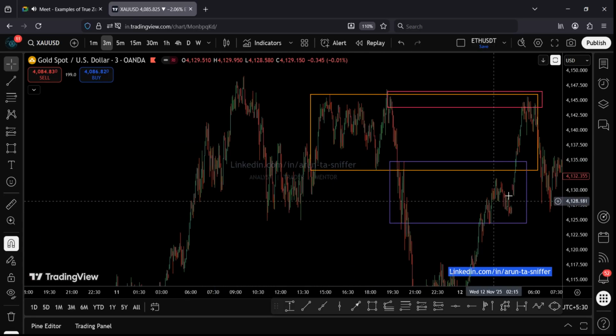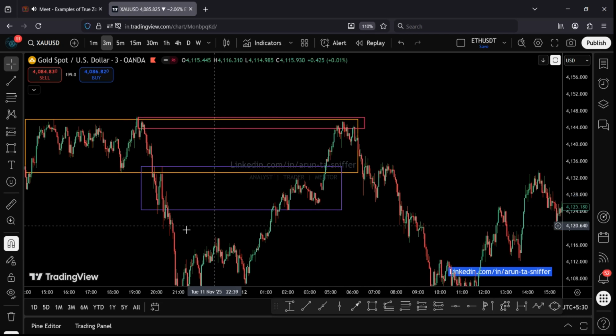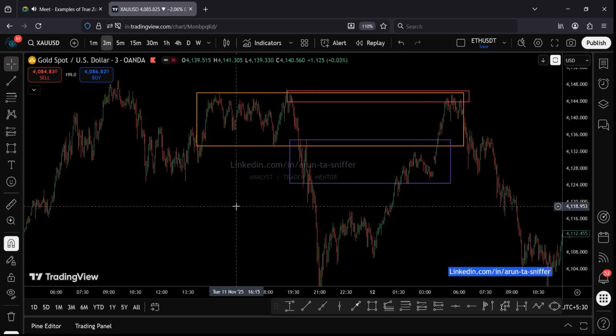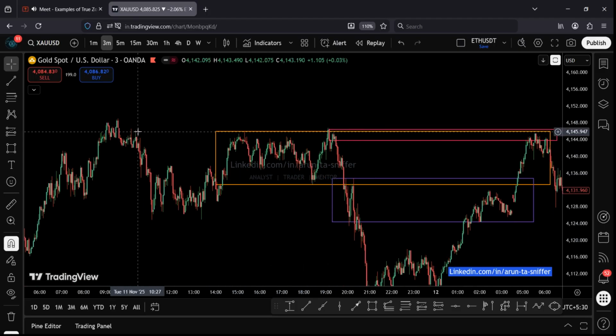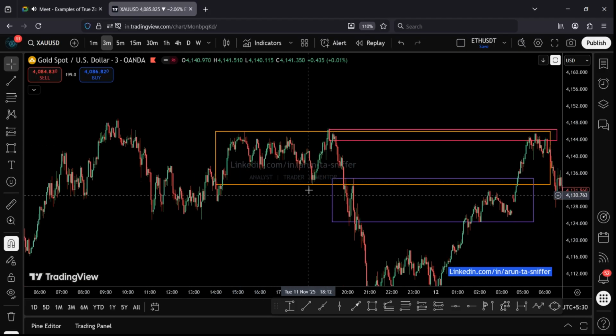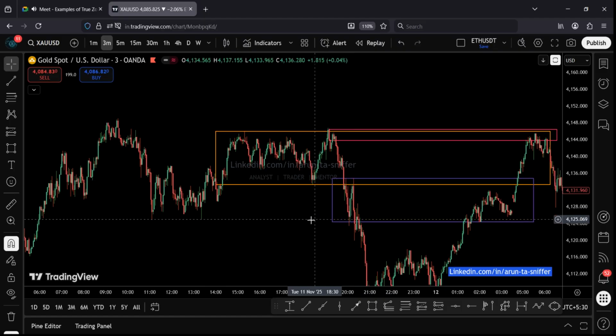We also have an example of this. We have a true zone here and price was hitting this true zone. So when the price crossed this low, we have an RS here.